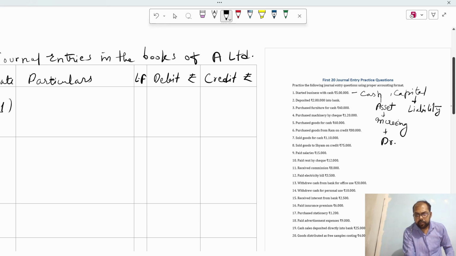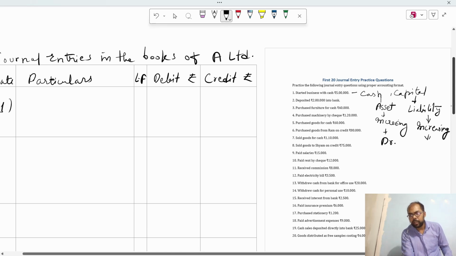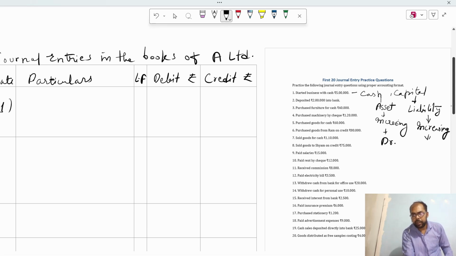And along with that, capital is also increasing, because when the money is invested by the owner, it is treated as an internal liability as per the separate entity concept. And according to that, the liability is also increasing, and an increase in liability is credited. So I hope this is clear.